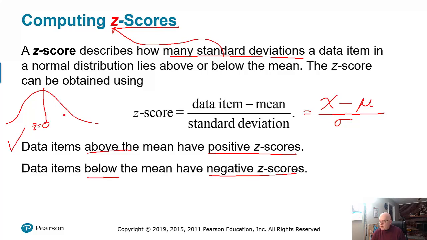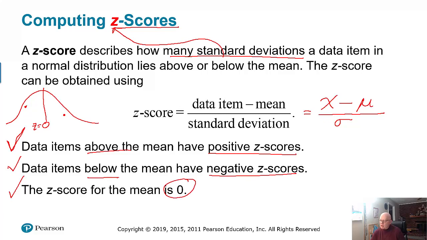Items over here have positive z-scores because they're above the mean. Data items over here are below the mean, so they have negative z-scores. Put the picture and the concept together. Remember also that data items above are positive z-scores, below are negative, and the z-score in the middle is exactly 0.